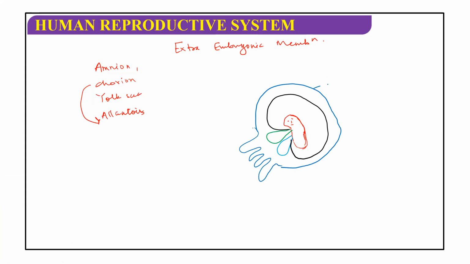So this is a chorion. This is a yolk sac. This is an allantois. And this is an amniotic cavity.